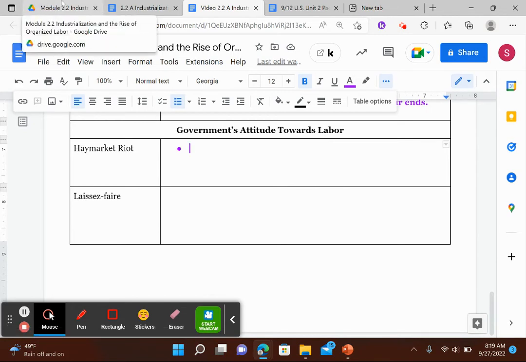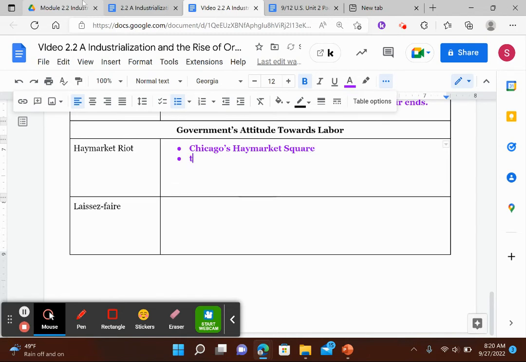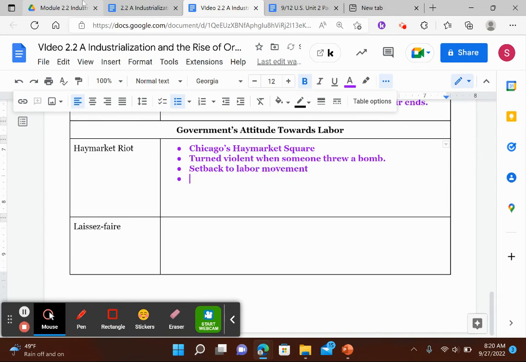Okay, so the Haymarket riot was in Chicago. We're going to learn a little bit more about this later this week. Haymarket Square turned violent when someone threw a bomb. Setback to labor movement.